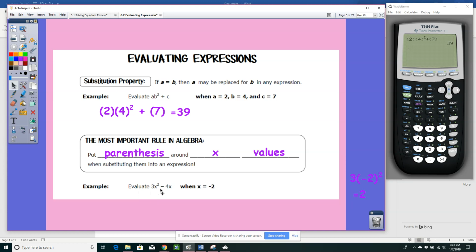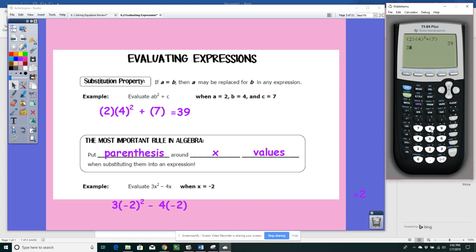Evaluate 3x squared minus 4x when x equals -2. So I'm going to take a -2 and plug it in every time that I see an x. And again, I'm going to put parentheses around each of those x's when I put that number in there. So I get 3 times -2 squared minus 4 times -2.